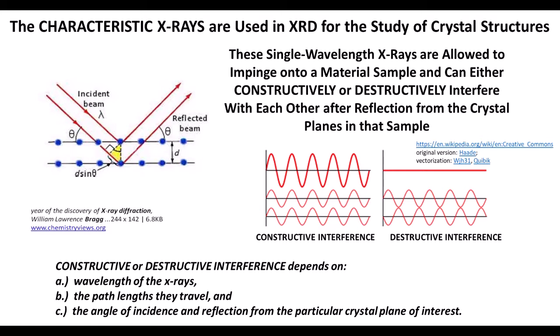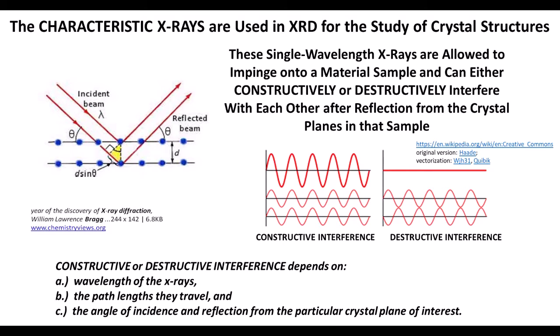Again, we often use the term reflection to describe the X-ray geometry of diffraction. In reality, the interaction of the X-rays with the crystalline lattice of the sample is a fully three-dimensional scattering event. However, mathematically, it's easier to describe it as a reflection event.